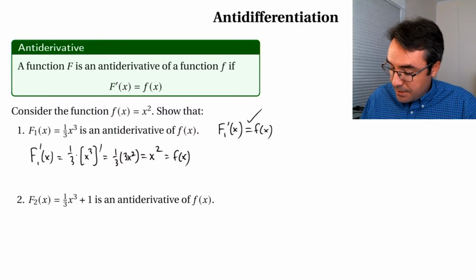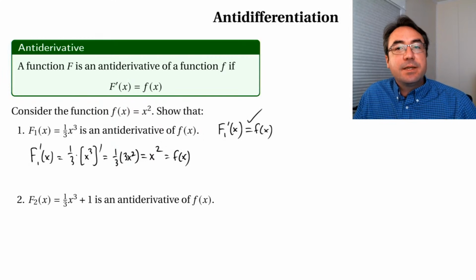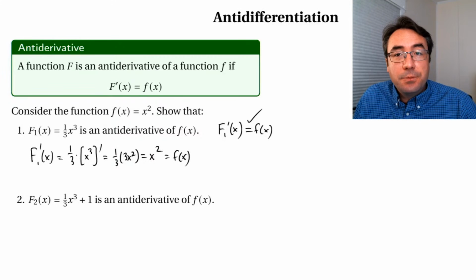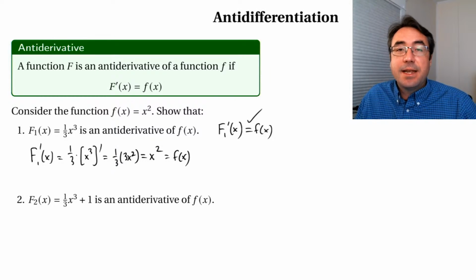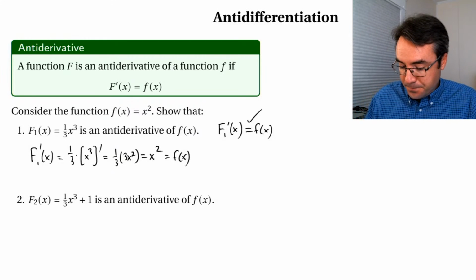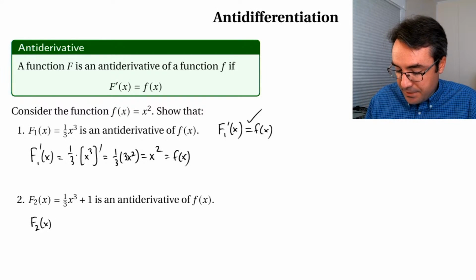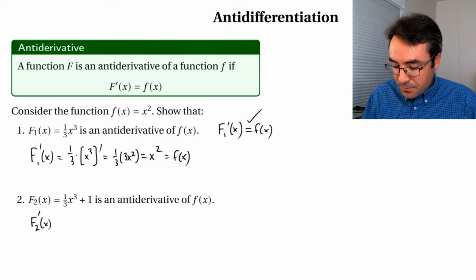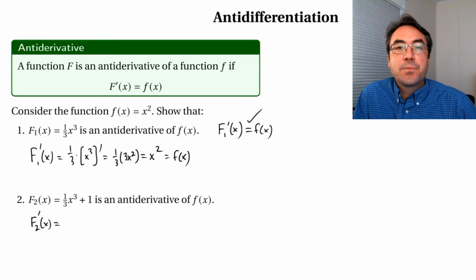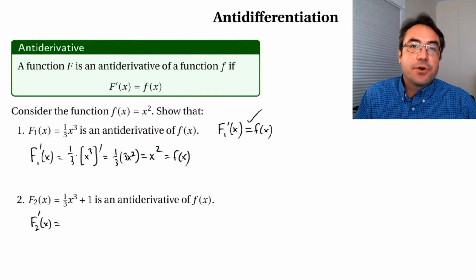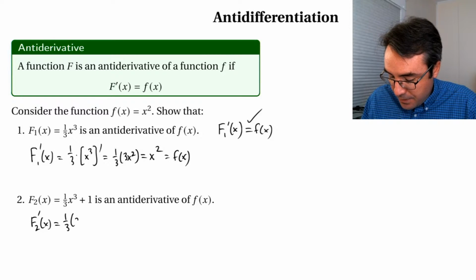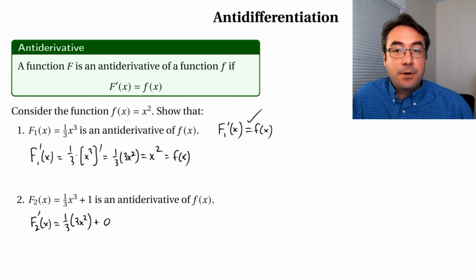So that checks out. Let's try it again for a slightly different function. We'll call it capital F2, and this is 1/3 x cubed plus 1. We'll show that that's an antiderivative of lowercase f. How do we do it? We're just going to differentiate this supposed antiderivative and see what we get. The derivative of 1/3 x cubed is x squared, and then the derivative of 1 is just 0.